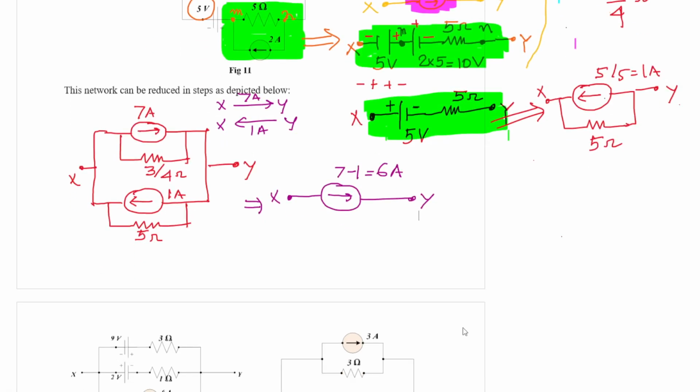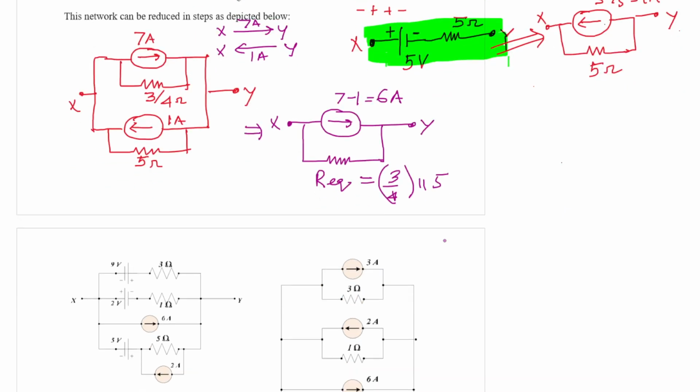Additionally, we have these two resistances. R equivalent will be the parallel of 3/4 ohm with 5 ohm, right?